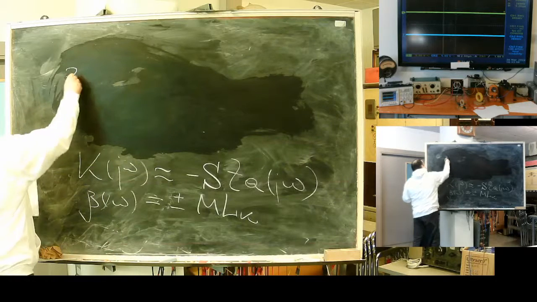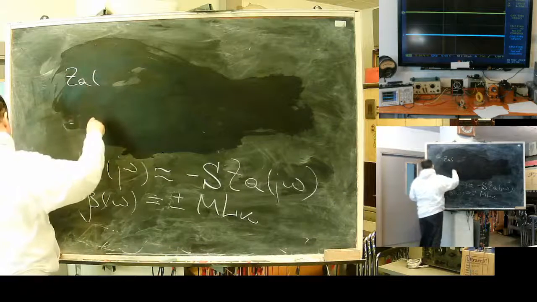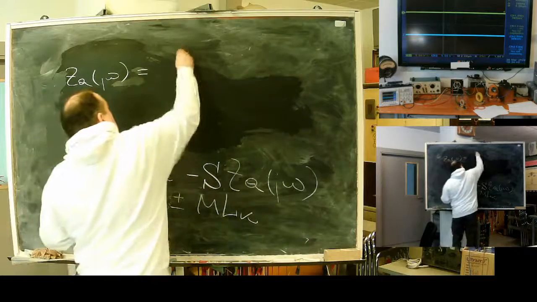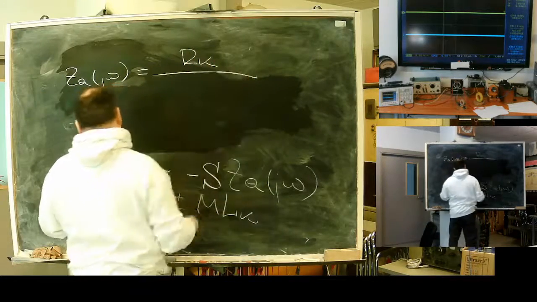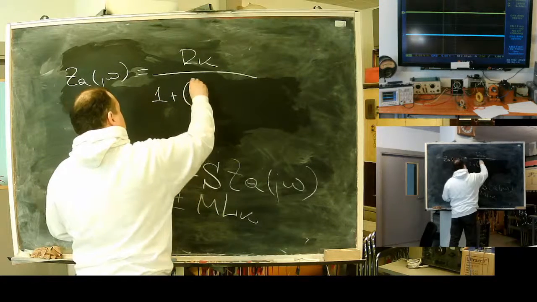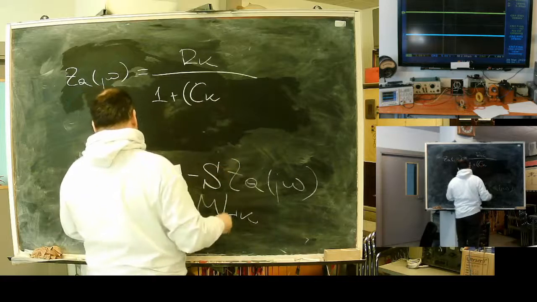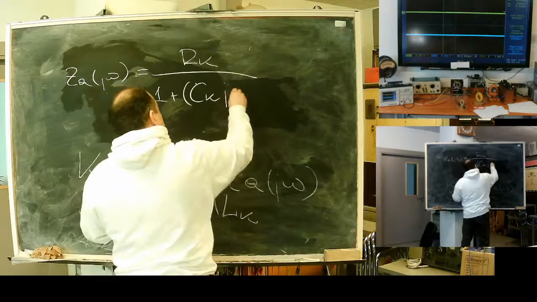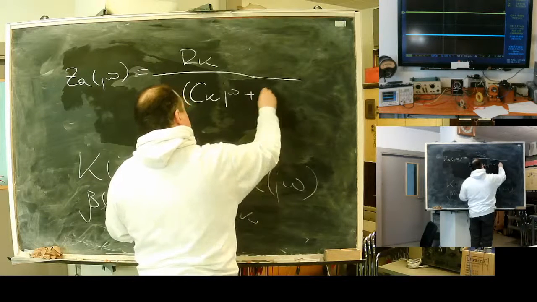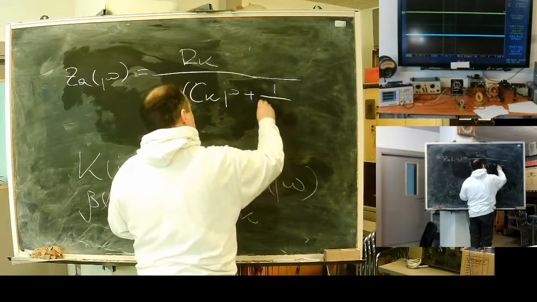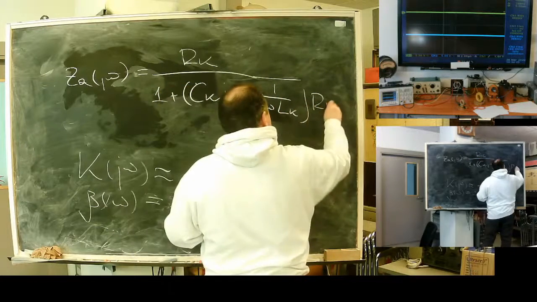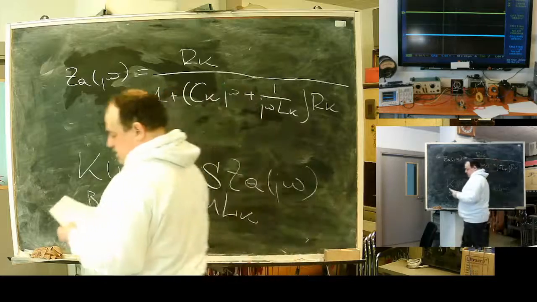I can write S multiplied by contour resistance over 1 plus contour capacitance omega, plus 1 against omega contour inductance and again contour resistance.